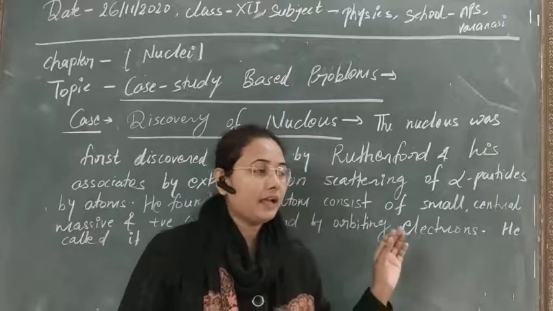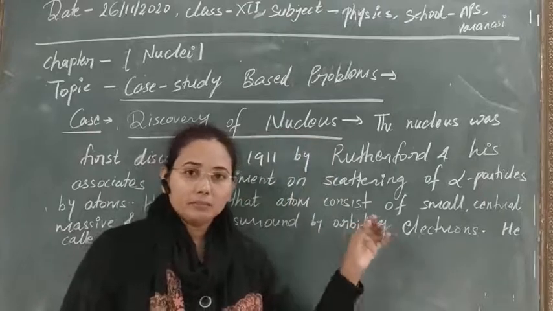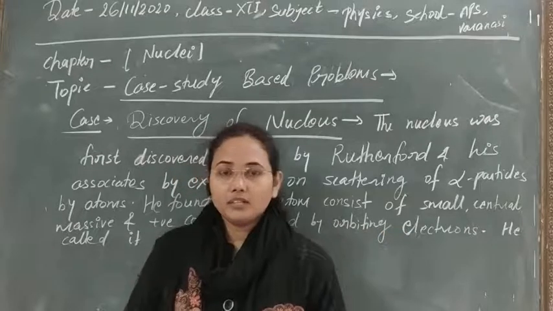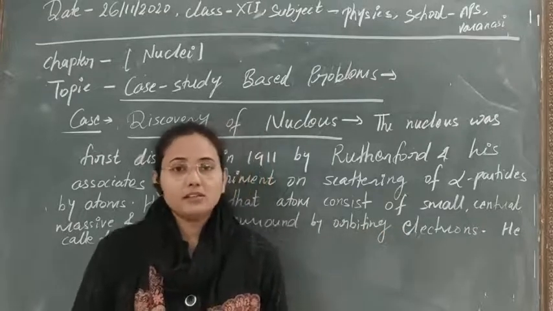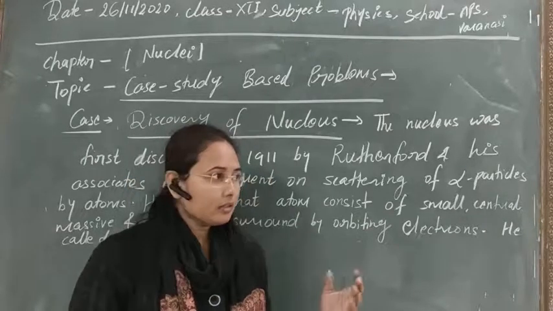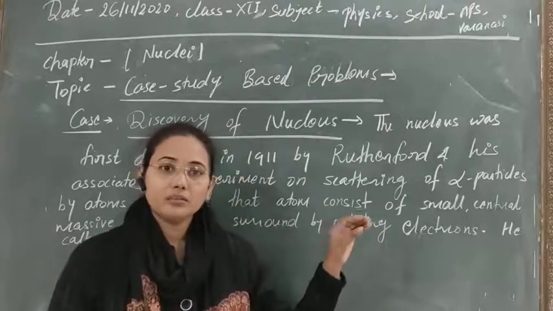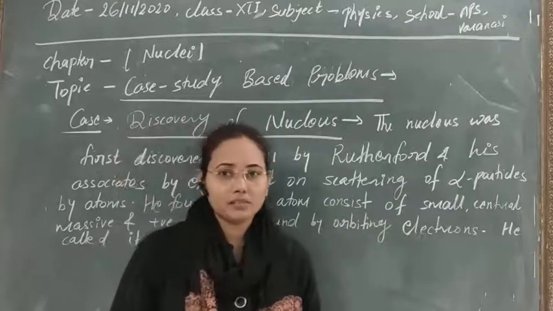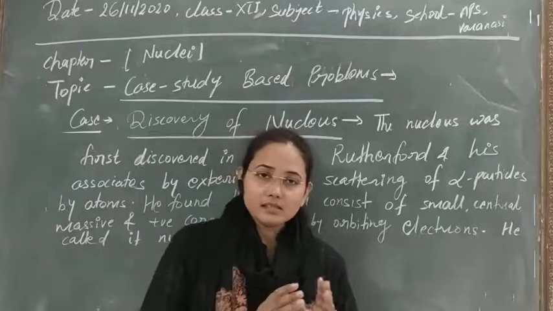He gave that the angular momentum for a particular circular orbit should be an integral multiple of h upon 2 pi. If it is not, then in that circular orbit electrons will not revolve. So there are limitations for the movement of electrons. They cannot move in every possible circular orbit. They will move only in certain circular orbits.